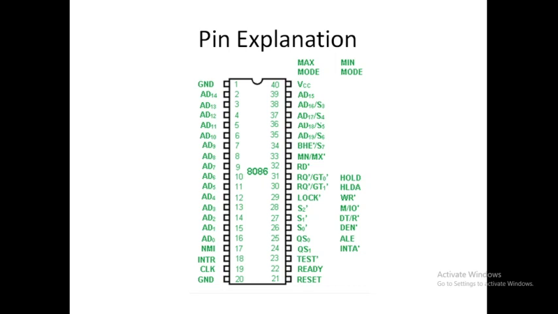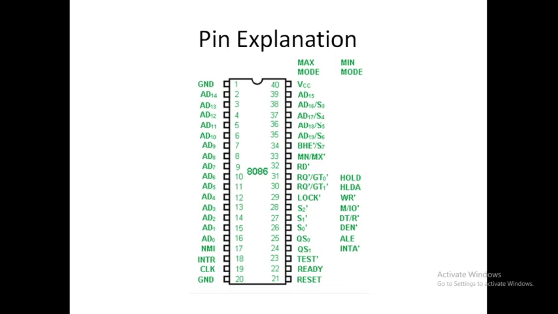Then VCC, that is pin 40, the power supply pin to run the microprocessor, that is plus 5V DC, and ground, pin 20, is for grounding, or to complete the circuit configuration.